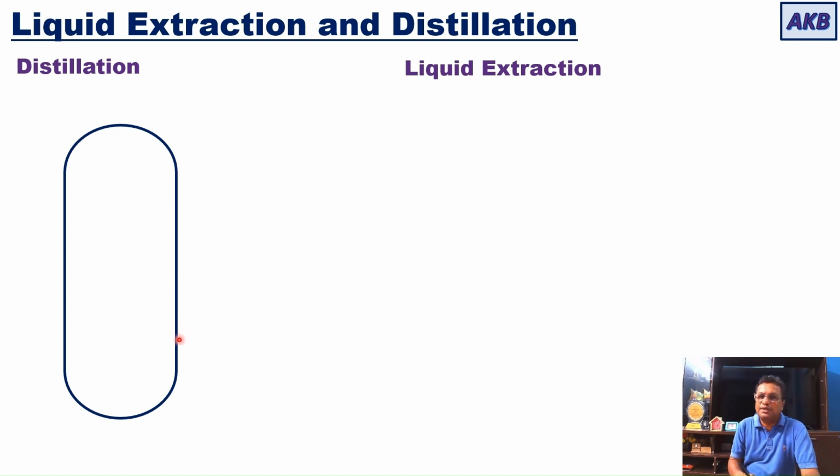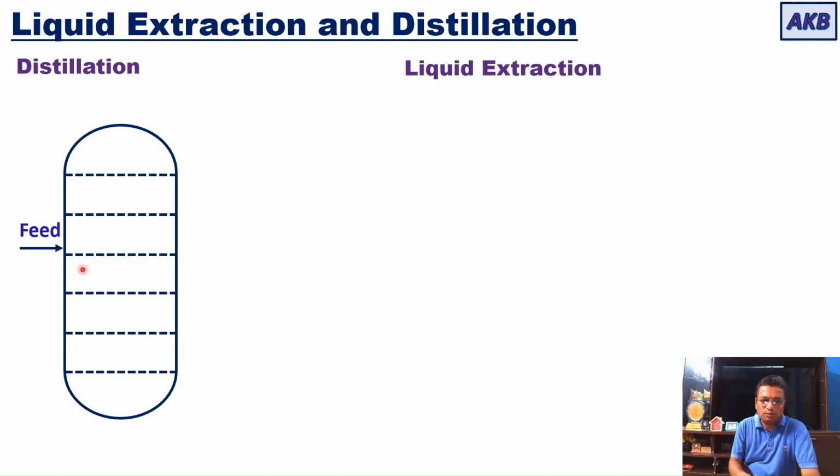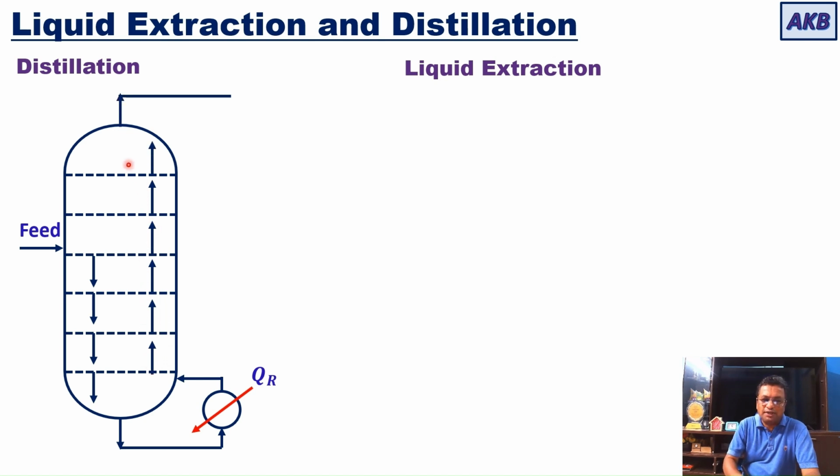It is carried out in cylindrical vessels in which there are a number of trays. Feed is introduced on one of the trays, and then the liquid part of the feed flows down, is taken out, and is sent to the reboiler where it is heated to create the vapor phase. The vapor phase is then admitted into the column at the bottom. It rises through the column and is taken out at the top.